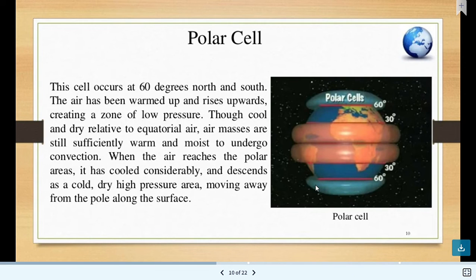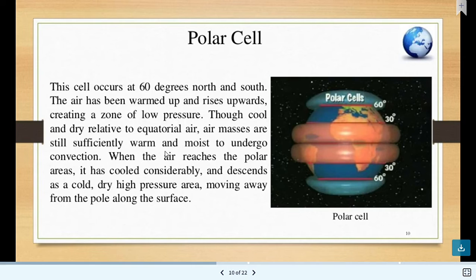Polar cell. This cell occurs at 60 degrees north and south. The air has been warmed up and rises upwards, creating a zone of high pressure, though cool, creating a zone of low pressure, though cool and dry relative to equatorial air. Air masses in the cells are sufficiently warm and moist to undergo convection.